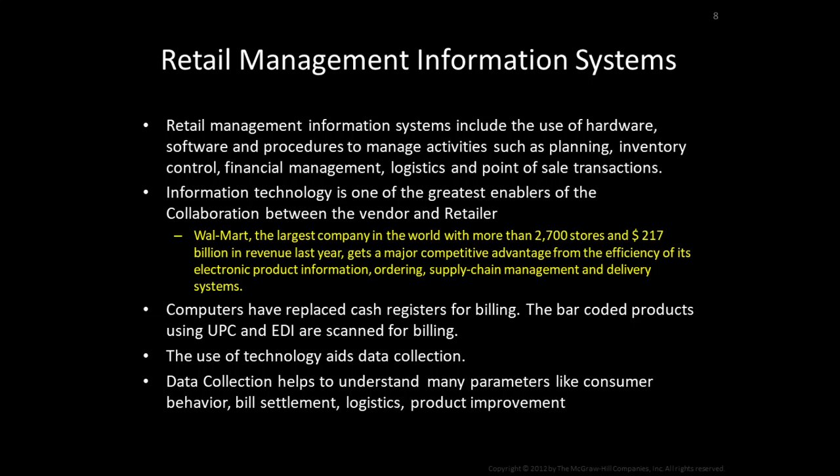Information technology is definitely one of the greatest enablers of collaboration between the vendor and retailer. We saw an example of how vendor managed inventory is one of the ways where vendor and retailer can communicate. You look at Walmart, largest company in the world with more than 2,700 stores, and this is the past statistics, not the current statistics. Definitely, they are increasing in number, and nearly $217 billion in revenue.